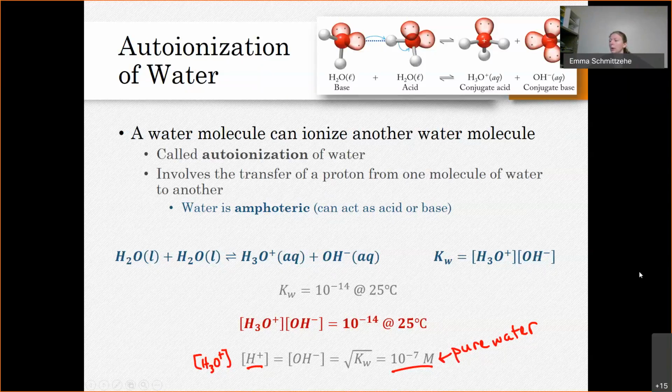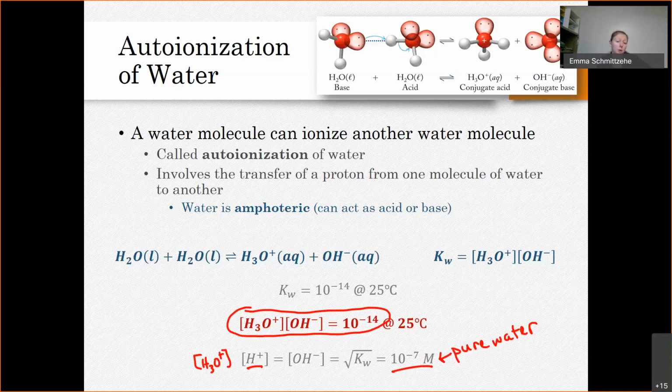Okay, so we can utilize this to actually quantify hydronium ion concentration or hydroxide ion concentration in any solution. So if it's pure water, we know it's 10 to the negative 7th molar. But for any other solution, you can use this equation. Anything in water, whether it's pure water or some acid or base solution, if you know one of those two things, you can solve for the other, okay?